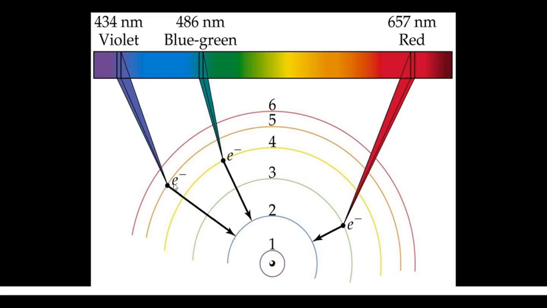Whenever the electron makes a transition from one energy level to another, there corresponds a frequency or wavelength. Whenever an electron makes a transition from n equal to 5 to n equal to 2, it corresponds to a violet line of wavelength 434 nanometer, and so on.